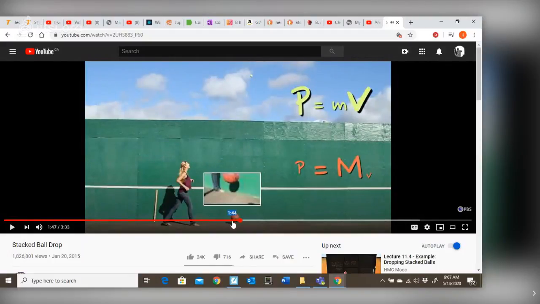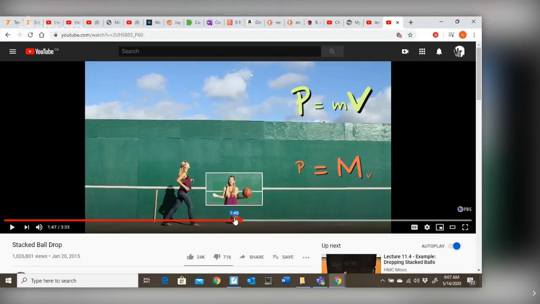Okay, just get that. The basketball has larger momentum because it has a larger mass. The basketball and the tennis ball are moving at the same velocity. The velocities are the same, but the momentum of the basketball is larger because it has a larger mass. Objects that are out there moving at the same rate do not have the same momentum because momentum is the product of the mass and the velocity.